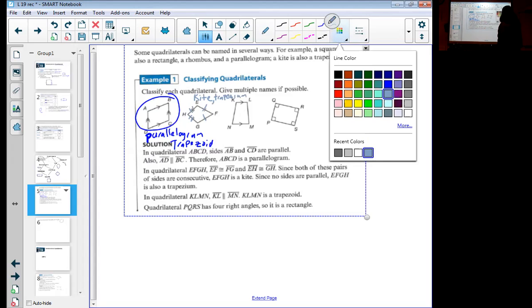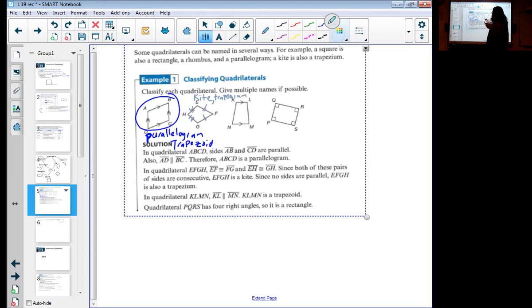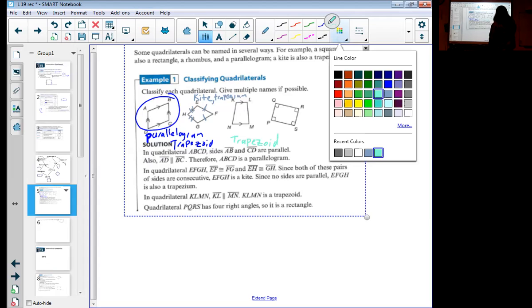Let's change this to this teal color maybe. That won't show up. Let's try. We have KL and M that are parallel. We have a set of parallels. That means it is a trapezoid. And now we can pick a different color, so this one or this last one.